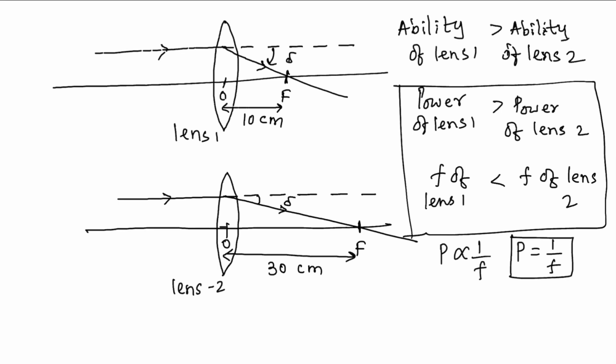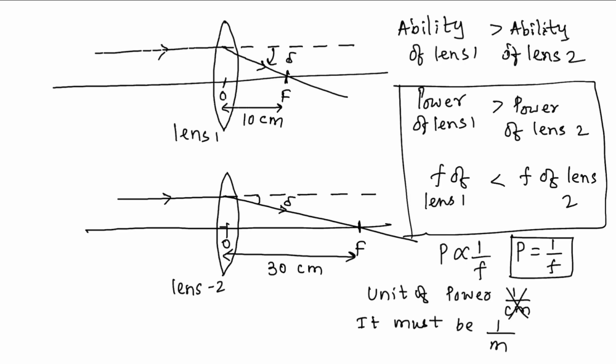Now focal length is in centimeter. So unit of power will be what? Unit of power will be 1 upon centimeter. But unit of power cannot be in 1 upon centimeter. It must be 1 upon meter only.